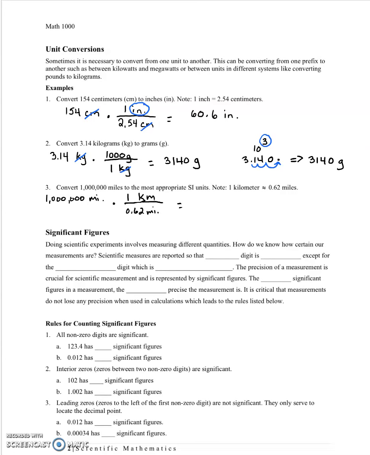And so again, the miles cancel. And if we use our calculator to crunch the numbers, no, I'm not going to expect you to do that without a calculator, we have 1,612,903.226 kilometers.